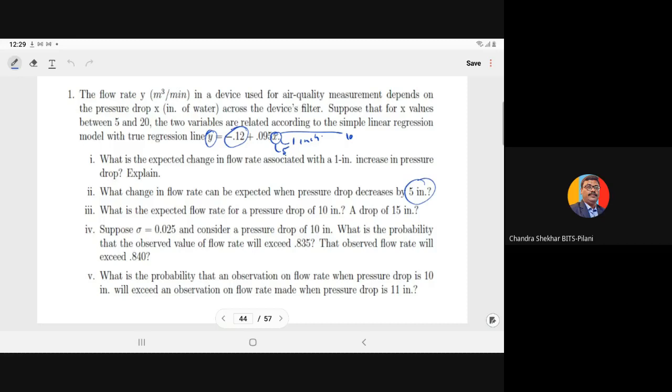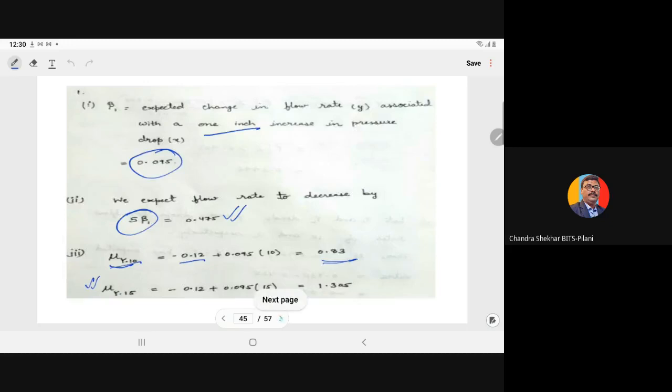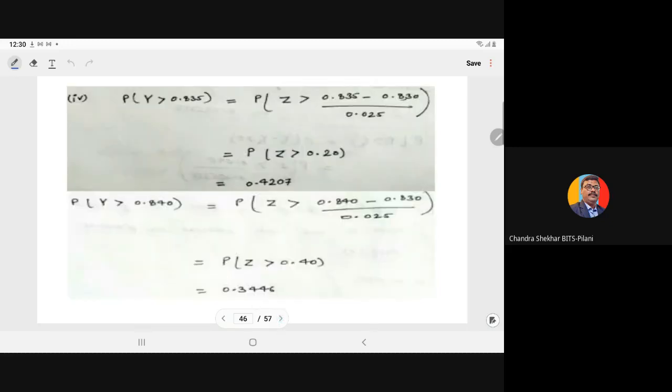So when the pressure drop is 10 inch, we have to compute the probability that the observed value of the flow rate will exceed 0.835, that is, y greater than 0.835.